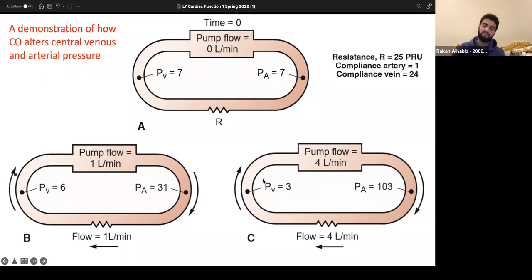But here, because the veins keep dilating whenever we add volume, the pressure will decrease. These numbers are only hypothetical for you to understand how they are going.